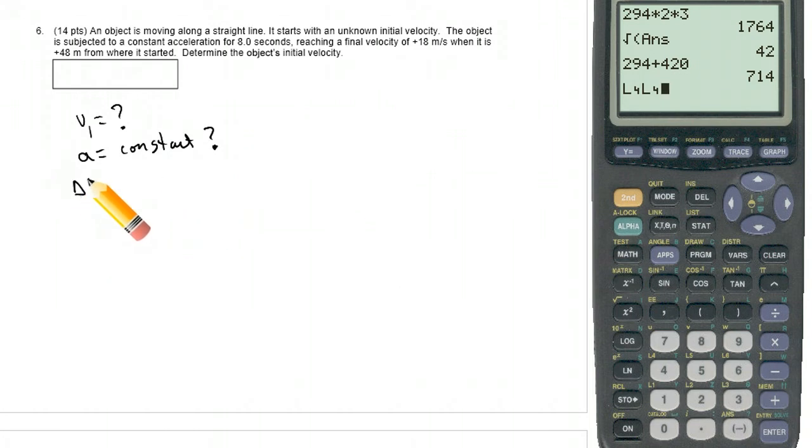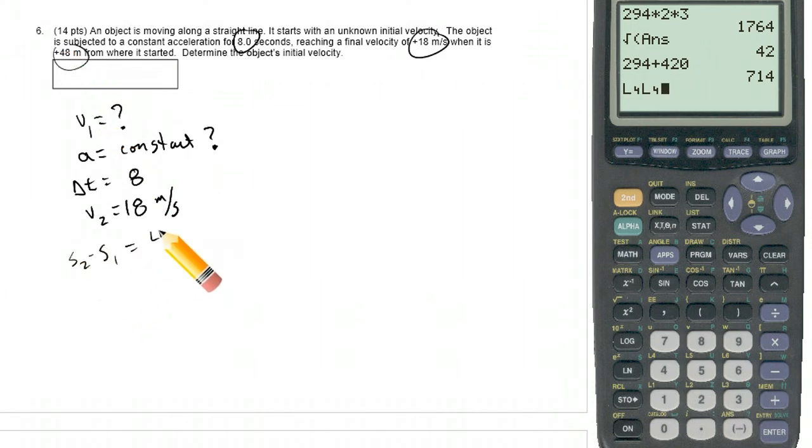And delta t, 8 seconds. Final velocity, plus 18. And it's meters per second. And delta S, 48 meters.